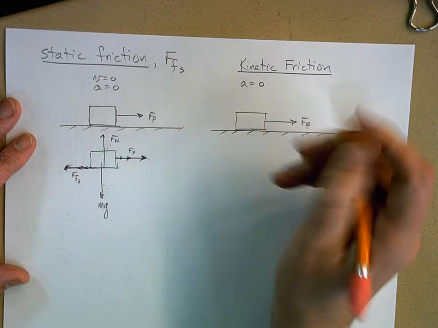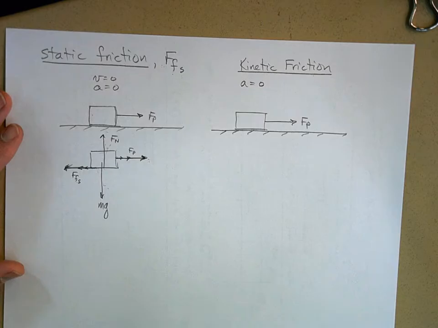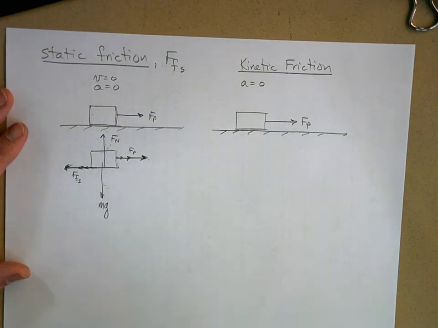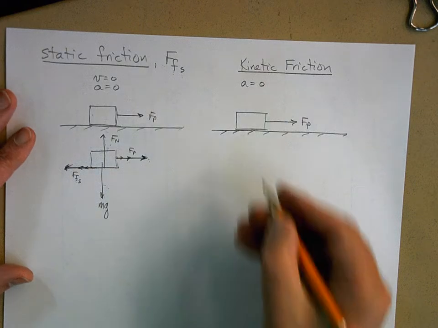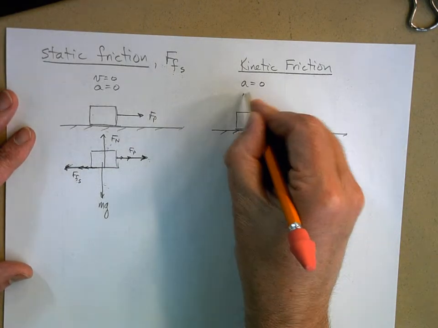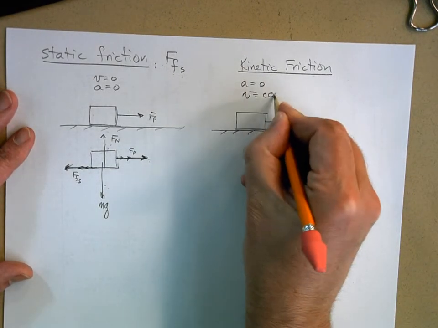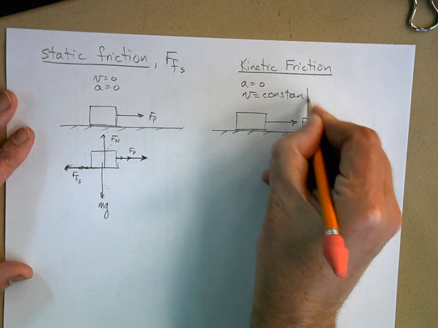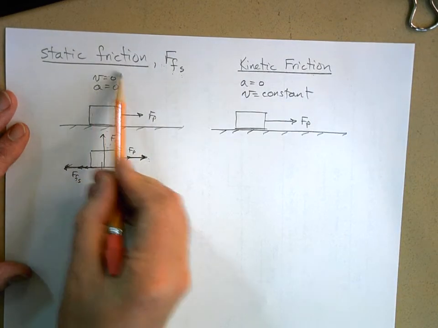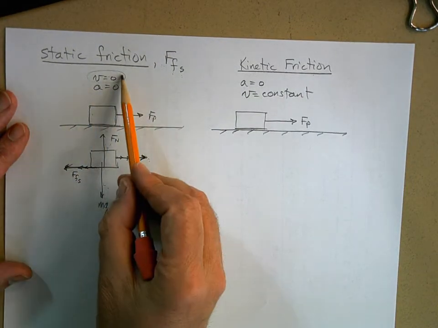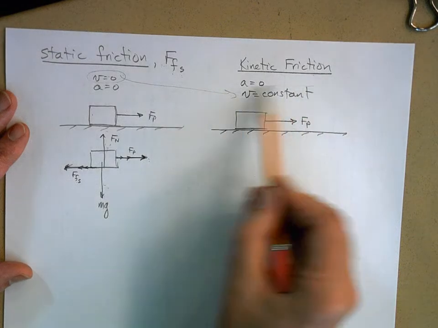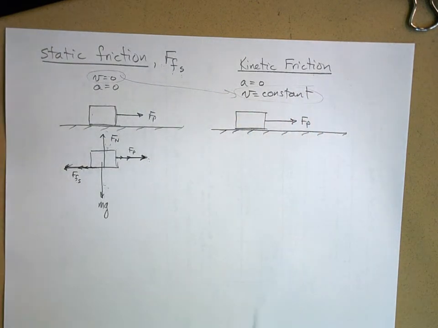Now you had to have some acceleration at the beginning, right, to get it going. But once you got it going, we're going to say that the velocity was constant. See, with static friction, the velocity is 0. But with kinetic friction, we're going to have a velocity. But we're going to do the experiment such that it's constant. And you'll see why here in a second.